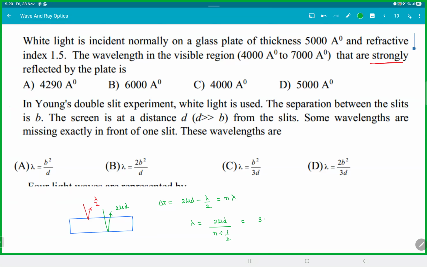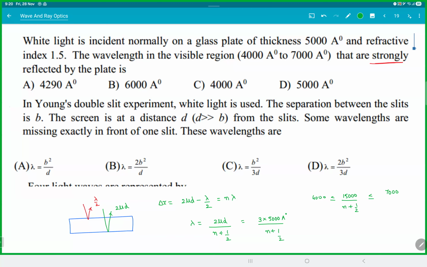Thickness is 5000 angstroms, by n plus half. So this lambda, which is 15,000 angstroms by n plus half, should lie between 7,000 and 4,000. Actually, you can guess, na? You can put numbers and check. He's asking the wavelength in the visible region that will be strongly reflected, so all numbers in this region will work.